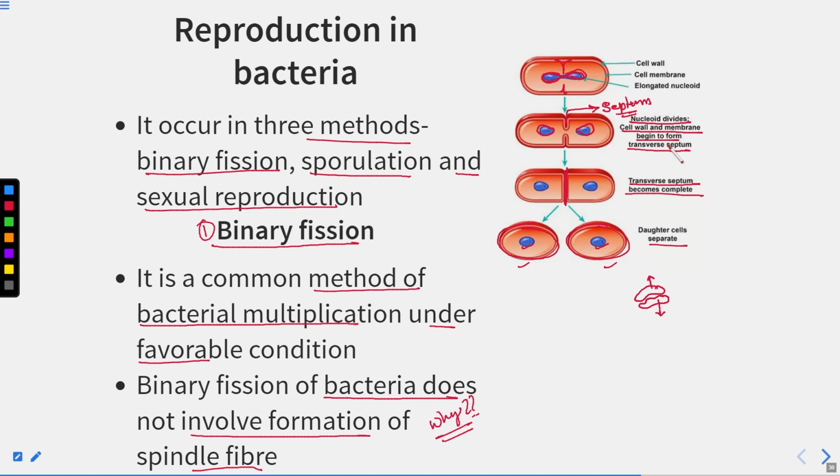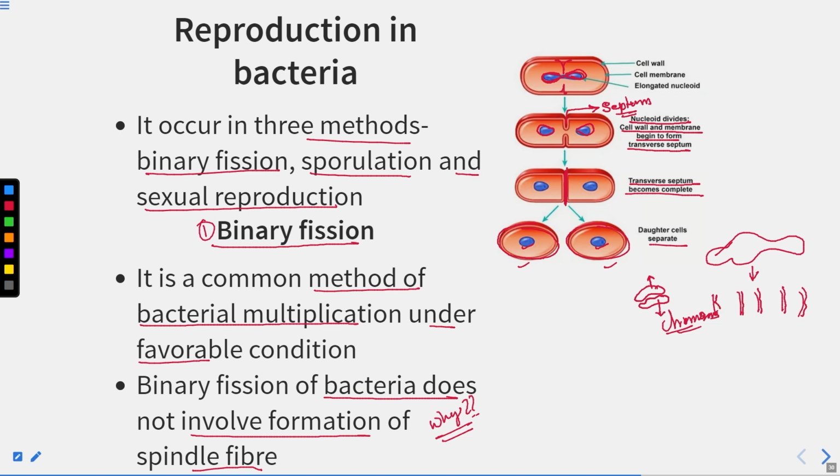But if you see in the case of a eukaryotic cell, the whole chromatin structure is divided into small fragments that are called chromosomes, right? And each chromosome divides into two. It makes a copy, like this, and each copy has to move.